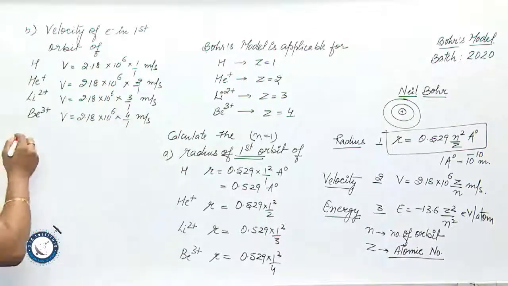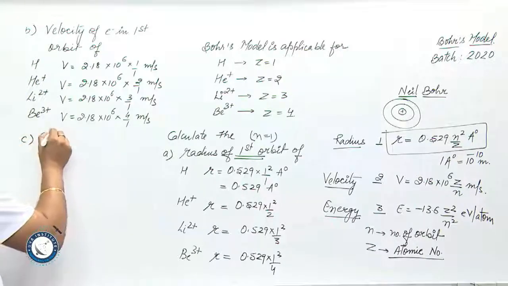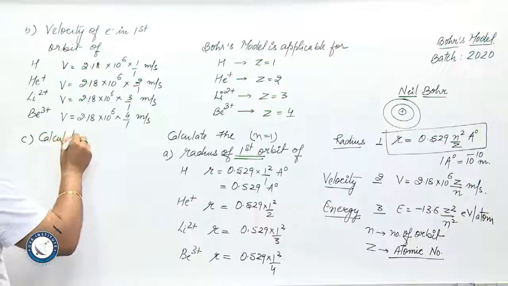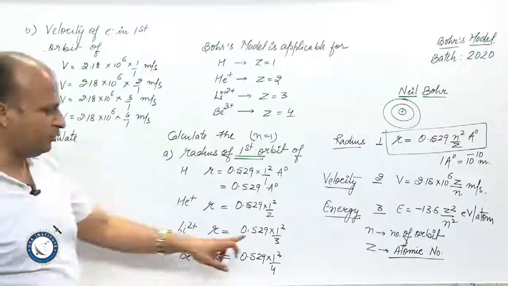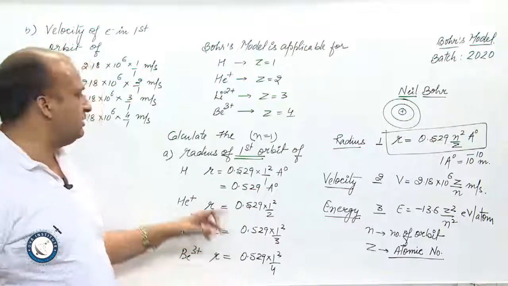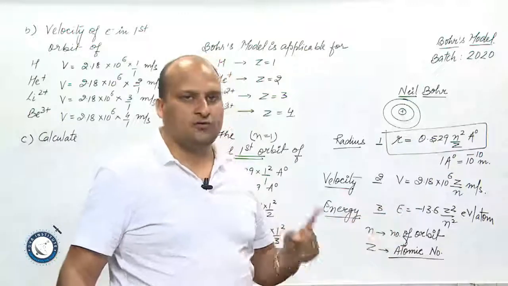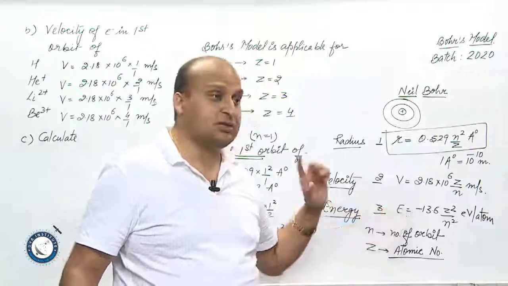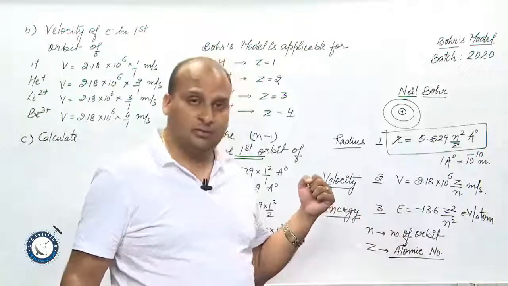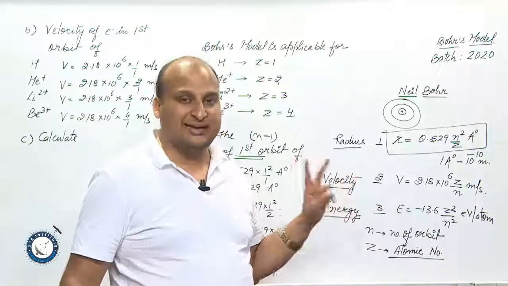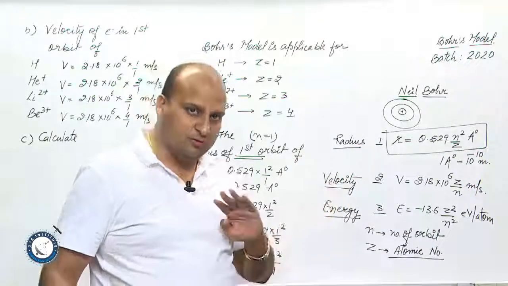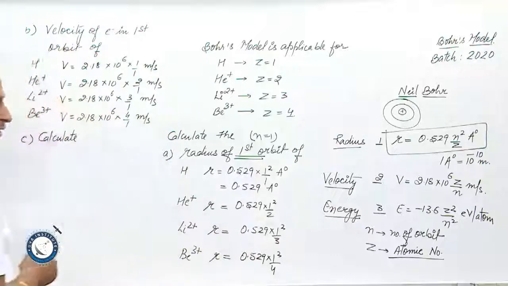Now the third part is calculate the energy. Now see, I have not done the calculations over here. I have just left it like this. But in the case of energy, all of you are supposed to do the calculations up to the first place, second place of decimal at least. Do the full calculation. That is very important. Okay.